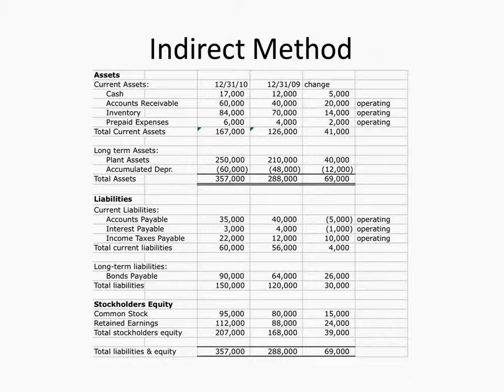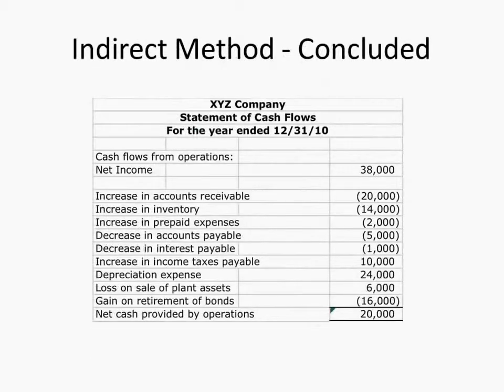If assets go up, cash went down. If liabilities go up, cash went up. These are the rules you need to understand in order to figure out a statement of cash flows. So here, we now know what we need to account for: current assets and current liabilities, and we know how to account for them because we know how they behave.